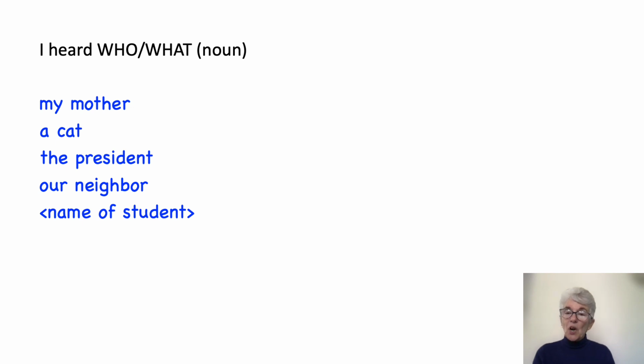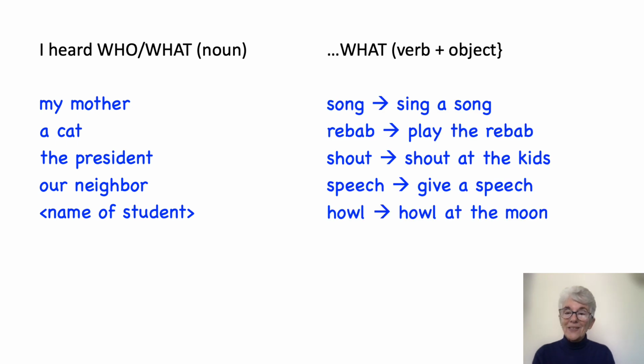I keep the target grammatical form, complex objects, but I brainstorm with the students about who they might hear and what they might hear, and I write their ideas on the board. Sometimes the students come up with a word like joke, but they need help in the correct verb or the object needed for that sentence pattern.